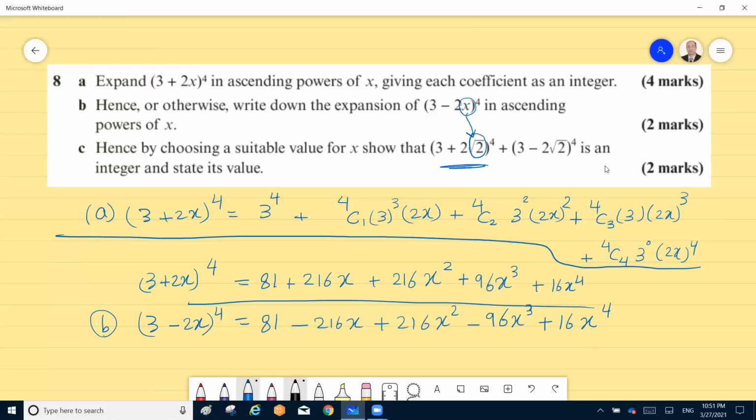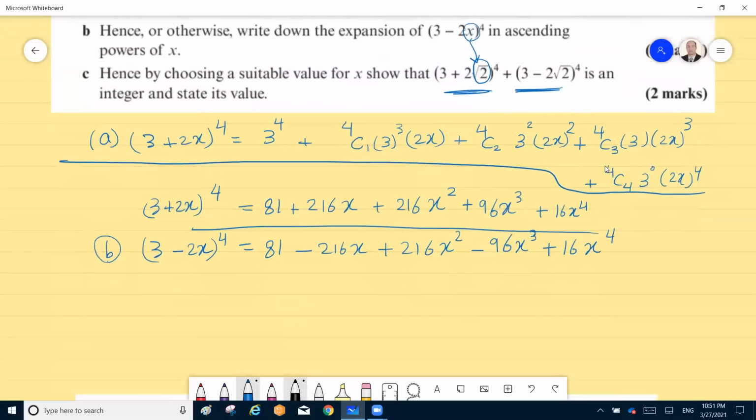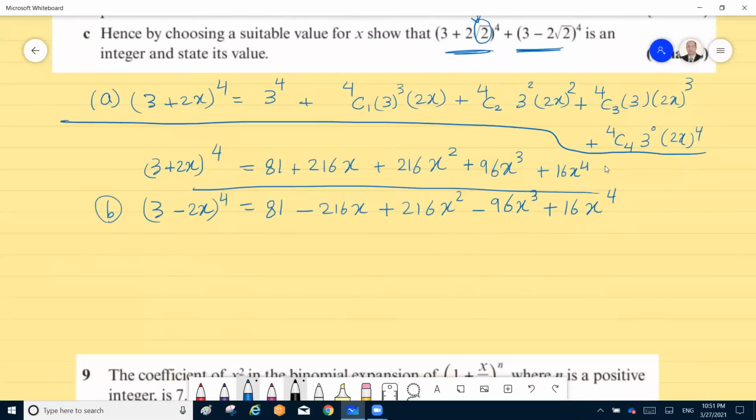But when you add the original expression we got in A and B together, you have 81 plus 81, yes, 8 plus 8, 16. These two terms will be cancelled. Plus 216 plus 216 is 432x. And this will be cancelled. And finally, you have 16 plus 16, 32x to the power of 4.